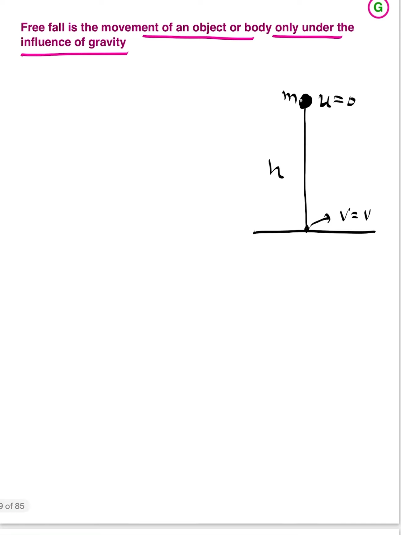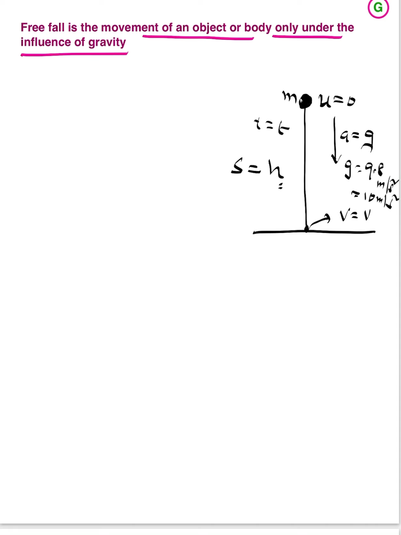So the displacement covered s equal to h. Due to gravity it is moving downward, so the acceleration is the acceleration due to gravity, g, which is 9.8 meter per second square. In numerical sums, 10 meter per second square also we will take. So displacement s equal to h, time taken t.